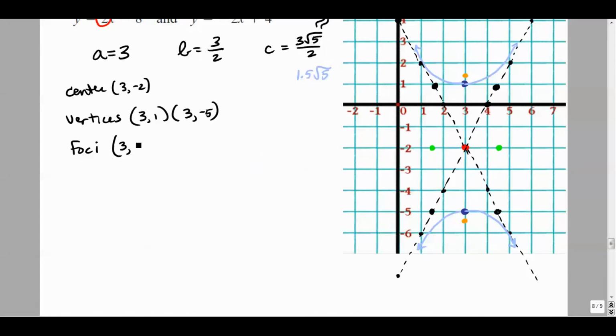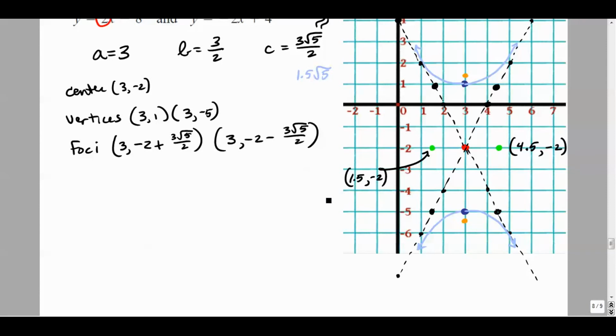So it's -2 plus 3 radical 5 over 2, and the other focus is 3 comma -2 minus that. And those green points, if you wanted to find those, these are like the endpoints of the conjugate axis. That would be over 4.5 units, down 2. And this point would be over 1.5 units and down 2.